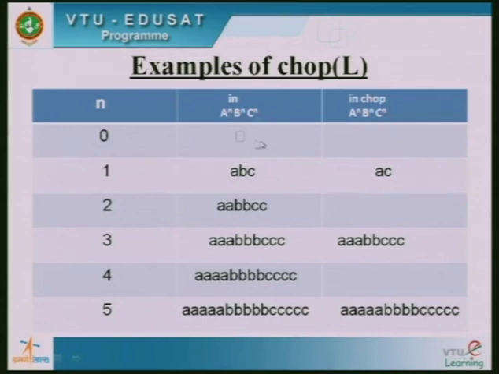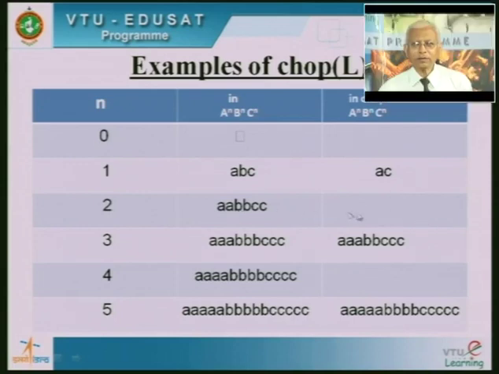There is no central character, so there is no question of applying chop. Now, if n is 1, the string will be a, b, c. Then the center is chopped, and it becomes a, c. Similarly, if n equals 2, then a, a, b, b, c, c will be there. There is no central character, so, with n equal to 2, chop does not apply. Now when it comes to 3, you see that there is a central character. So, b is chopped off. That is what chop is.